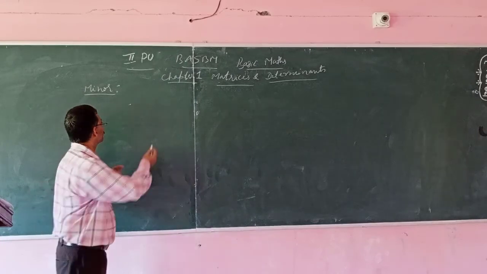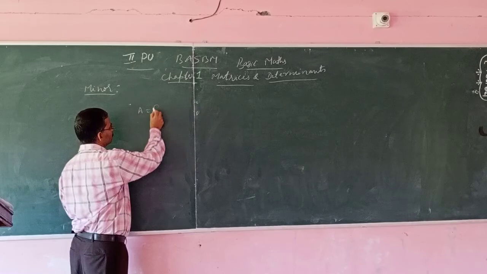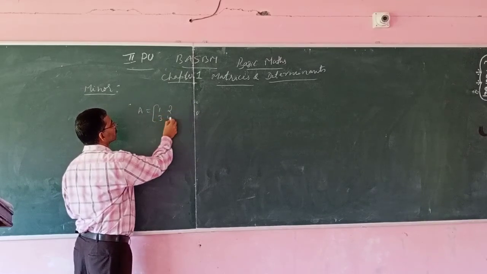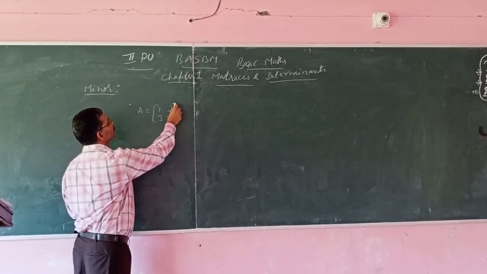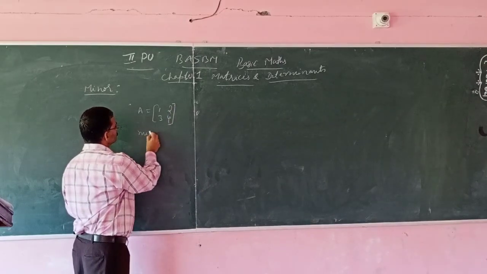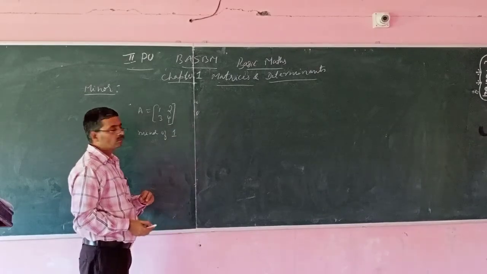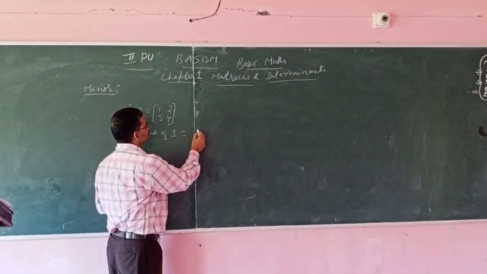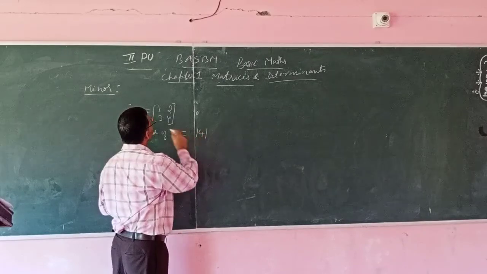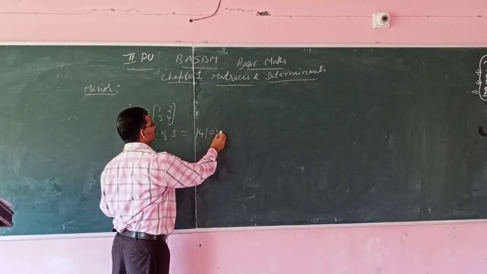So minor of order 2, say for example, 1, 2, 3, 4. What is minor of 1? Minor of 1 is the determinant of 4, which is nothing but 4.